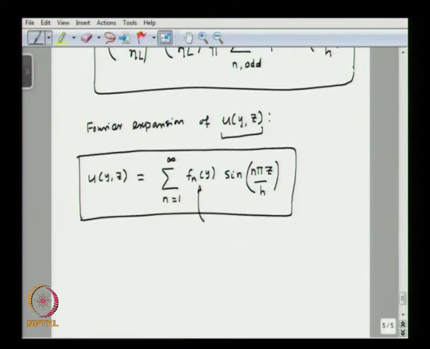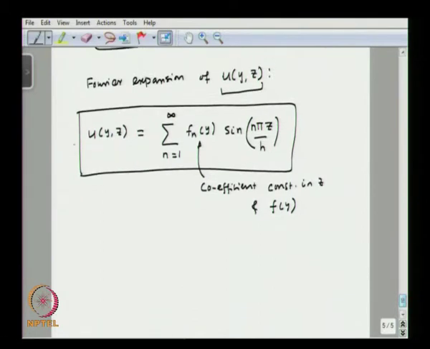So, this is a coefficient which is constant in z and a function of y. Okay.